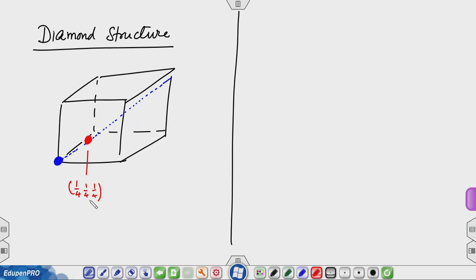Then the nearest neighbors are going to be 1 FCC point here on this face, 1 FCC point here. Then along with these, all these face centered points also, right along the diagonal, there is one point at 1/4, 1/4, and same thing for the front face.